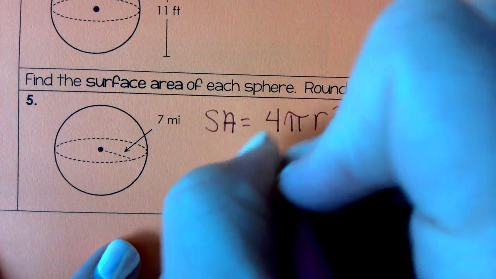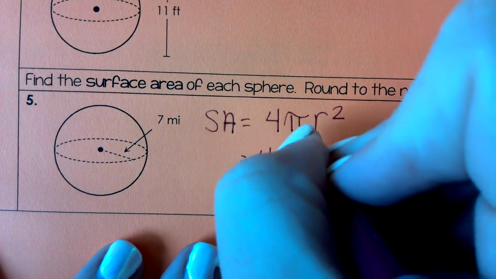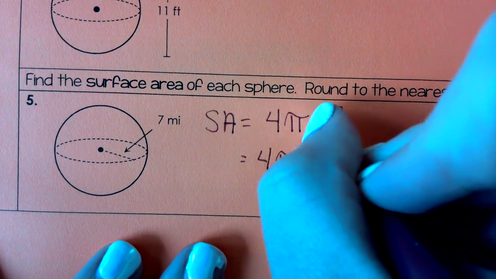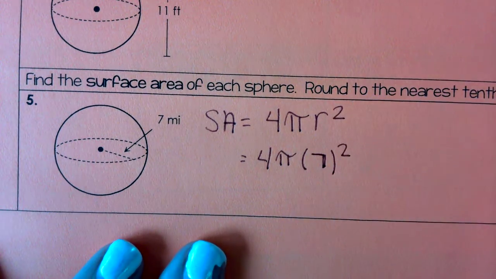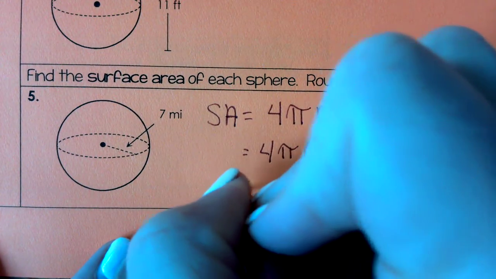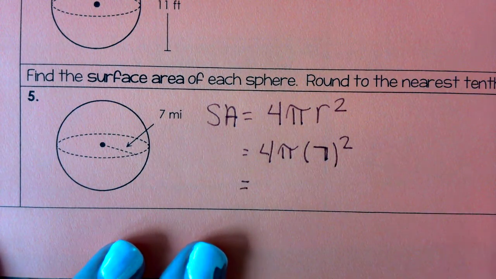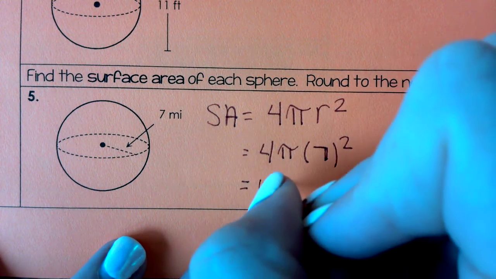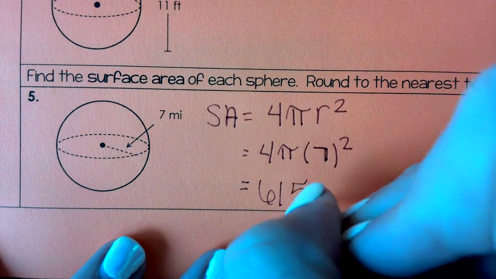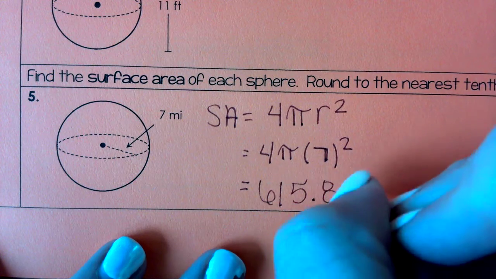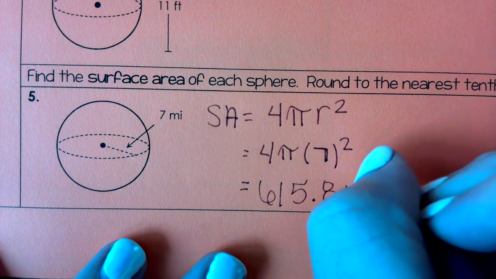So I'm going to have 4 times pi times what squared? 7, because that's my radius. And when you plug that all into your calculator, you're going to get 615.8 miles squared.